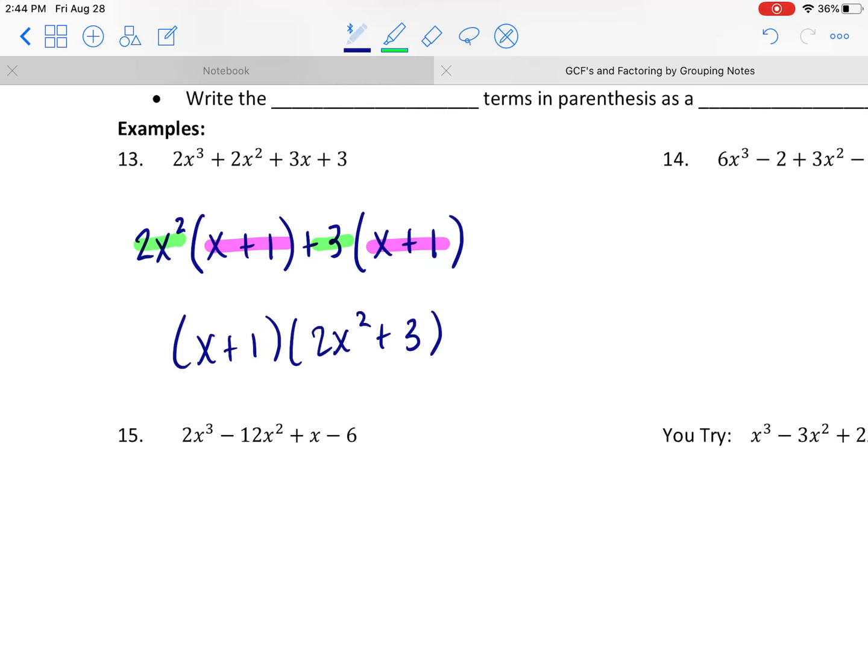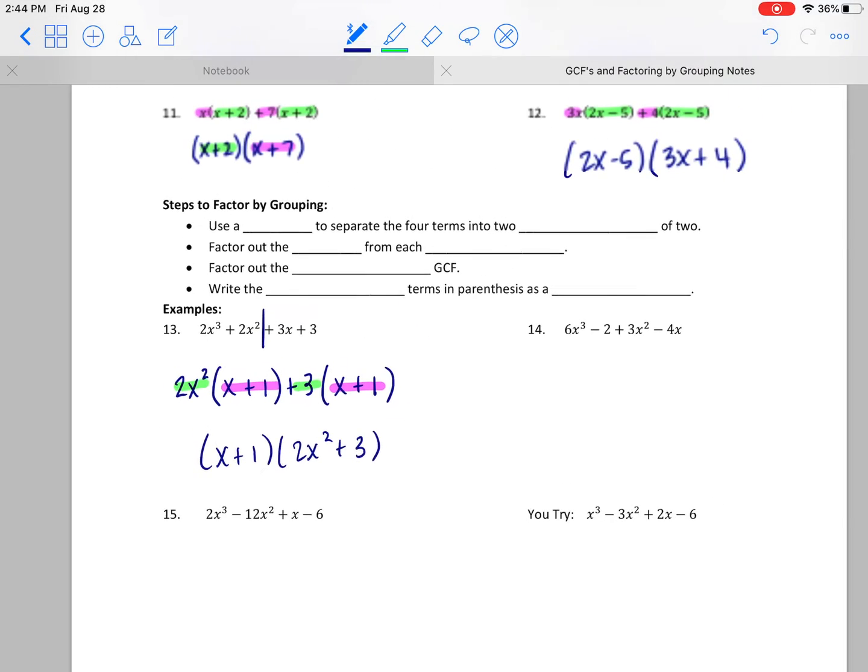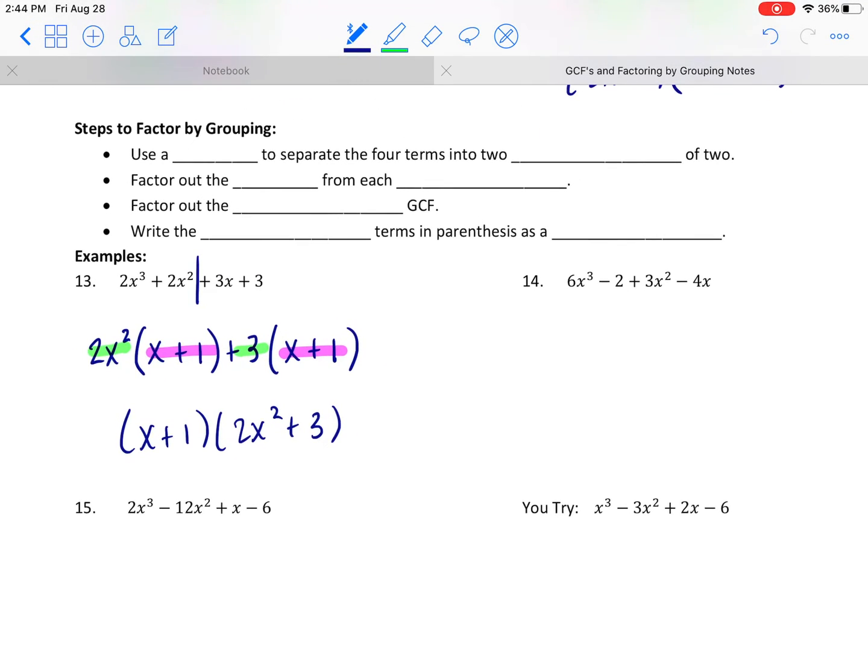So we call this process grouping. And this is a process that we're going to try to apply anytime we have a polynomial with 4 terms. Instead of looking for a GCF for all 4, let's look at this as 2 groups, the first group and the second group, and try to factor out what they have in common. So this is called grouping. We use this when we have polynomials with 4 terms.